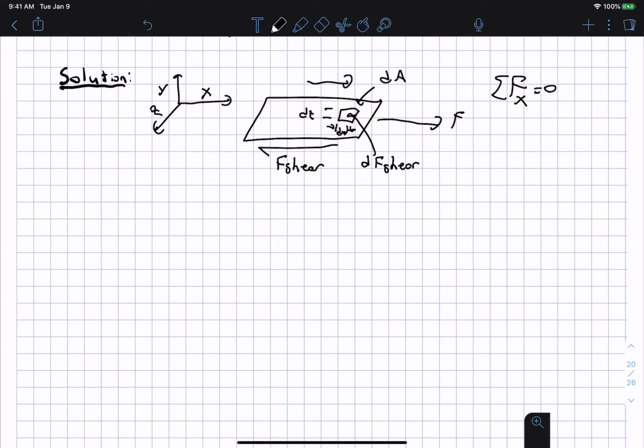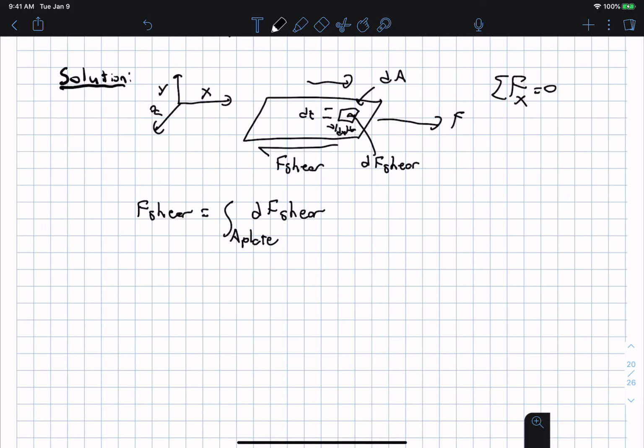The net shear force is just equal to the sum of all the differential shear forces on all these little dAs. And so that is just the integral over the plate area of the differential shear forces.